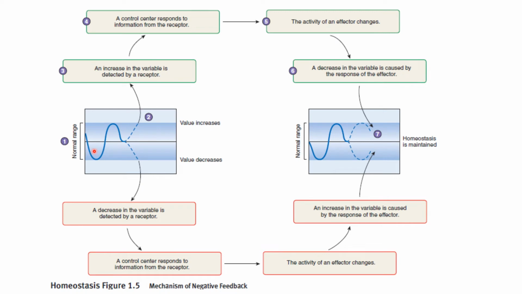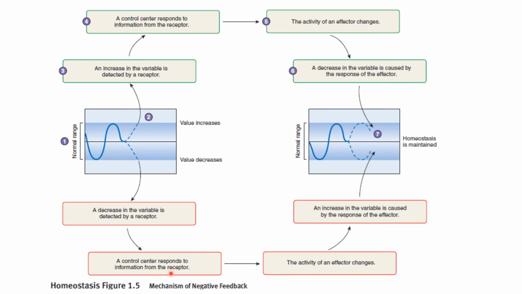Similarly, if a variable is fluctuating in the normal range and then by chance goes below the normal range, then this change again is a stimulus that is detected by receptors present there. These receptors again send information to the control center.